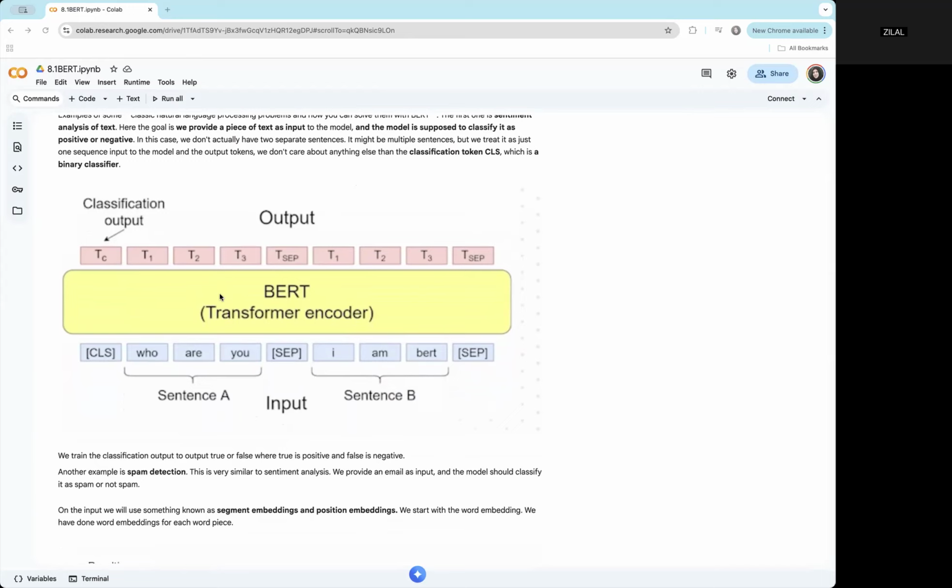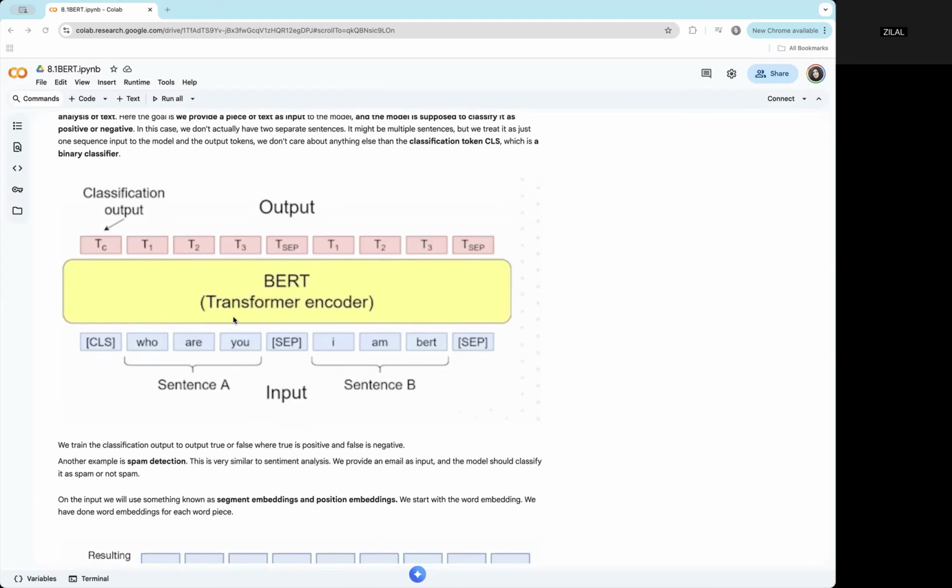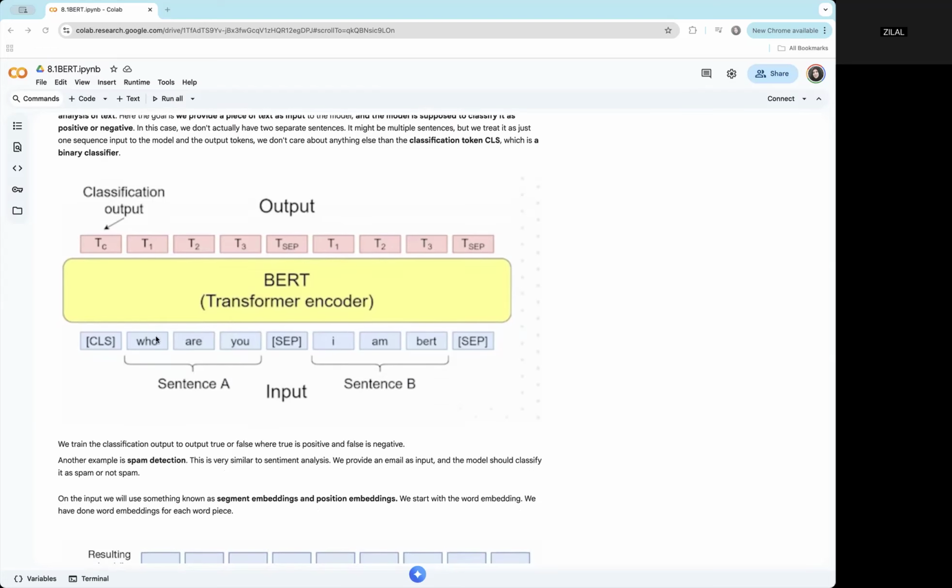In this case, we don't actually have two separate sentences. It might be multiple sentences, but we treat it as just one sentence input to the model, and of the output tokens, we don't care about anything other than the classification token, CLS, which is a binary classification.